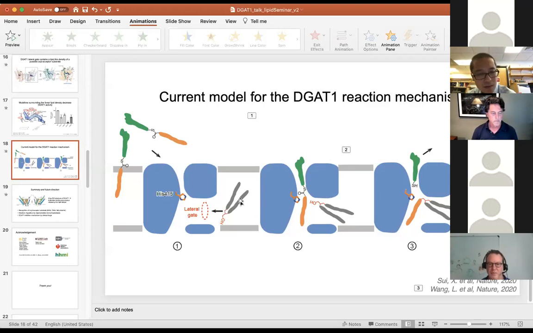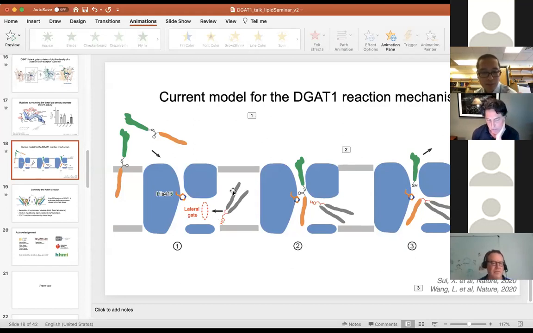Since DAG has a polar head group, it would have to reorient within the... Yeah, if you look at the ACAT structure published recently, they got an inhibitor bound into the lateral gate, and that also mimics cholesterol. Based on that structure, I think the cholesterol hydroxyl group is also pointing to the histidine. So I think this makes sense, but for the acyl chain, we definitely need to do more to confirm that. Yes. Okay, thank you.